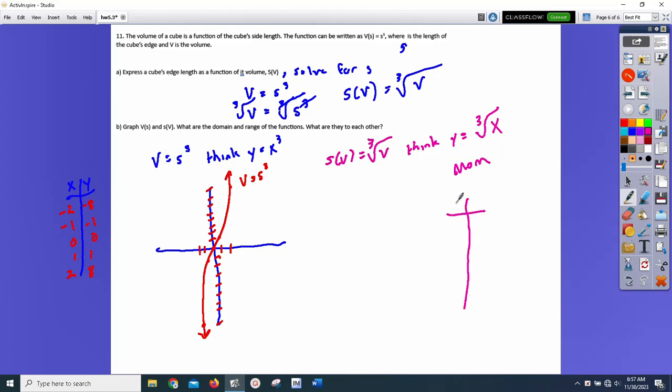You got your x, you're going to take the cubic root of x. If you take the cubic root of -8, you get -2. If you take the cubic root of -1, you get -1. If you take the cubic root of 0, you get 0. If you take the cubic root of 1, you get 1. If you take the cubic root of 8, you get 2.